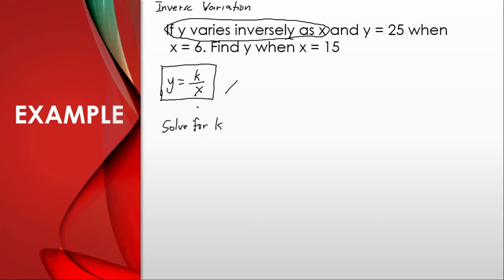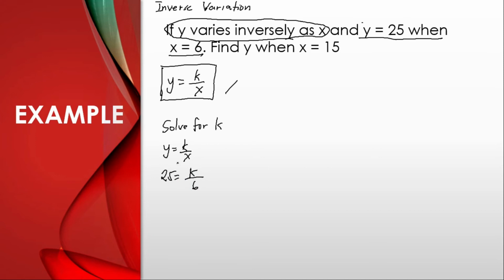Ang susunod na given natin is y is equal to 25 when x is equal to 6. So, from our equation, y is equal to k over x, substitute natin yung pangalawa nating given. 25 is equal to k over 6.